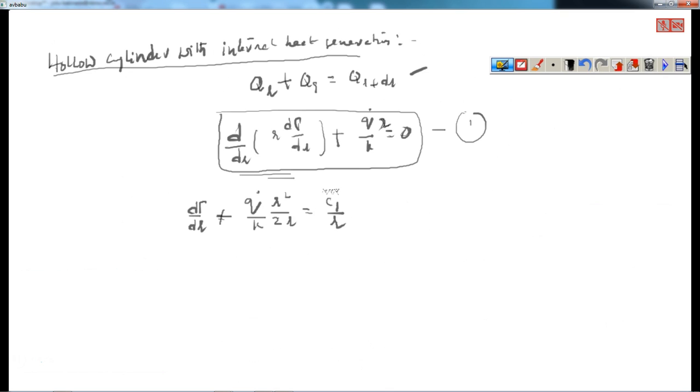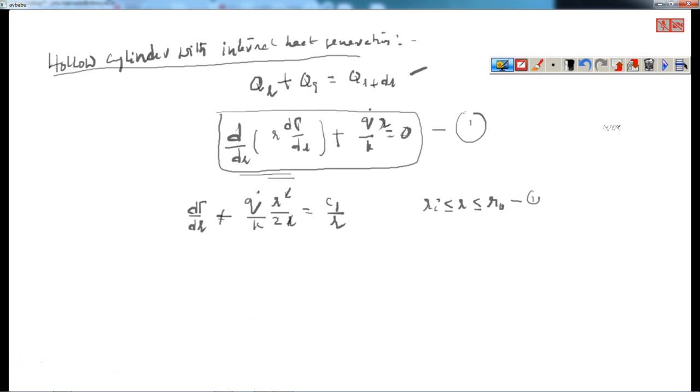Now this r gets cancelled. The range for the cylinder is ri less than or equal to r less than or equal to r0.